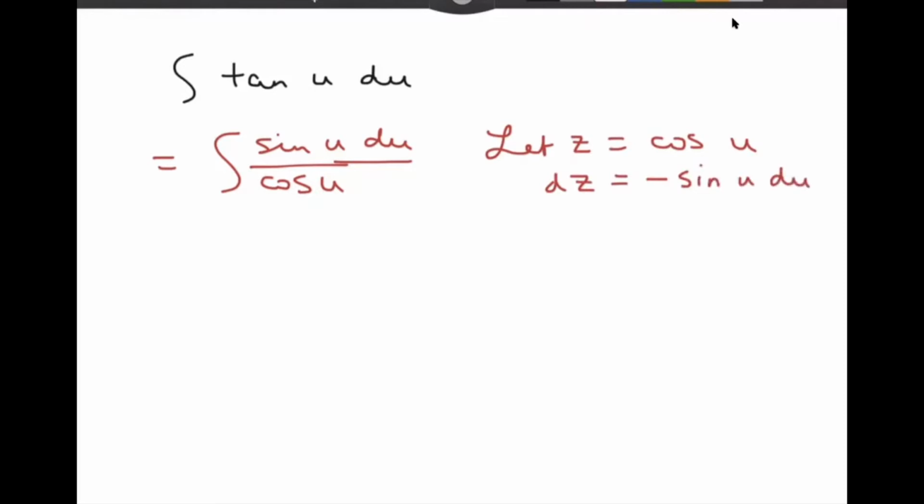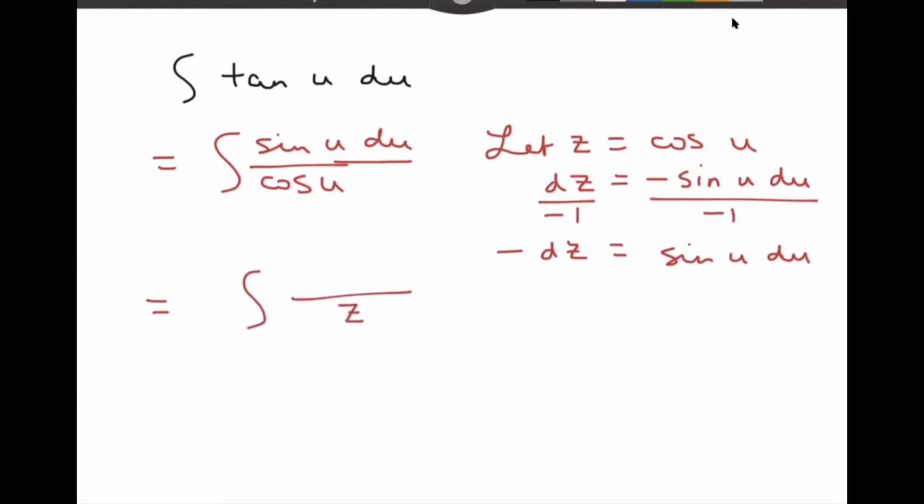But I don't want the negative, so let's divide out -1. And that means my sine u du is going to get replaced with negative dz. All right, so look what that gives us. Cosine u gets replaced with z, and then sine u du gets replaced with negative dz.